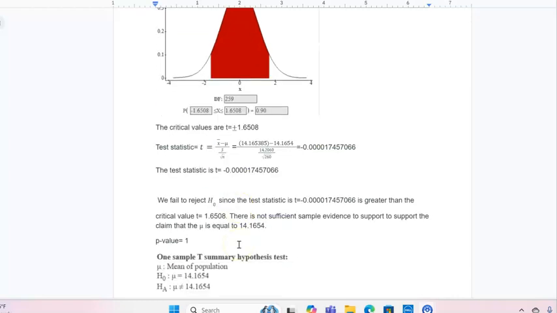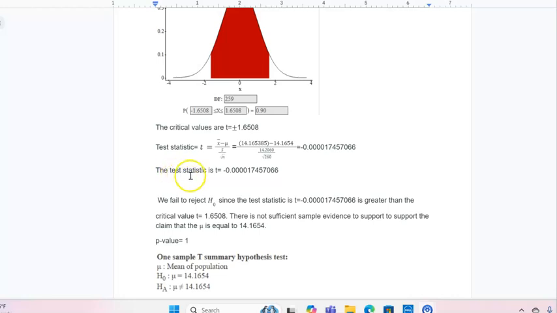We got our test statistic using the formula of x bar minus mu divided by the standard deviation divided by the square root of n. Right here shows all the numbers that we gathered and plugged in, and that gave us negative 0.000017457066.